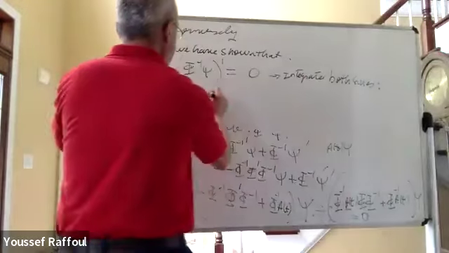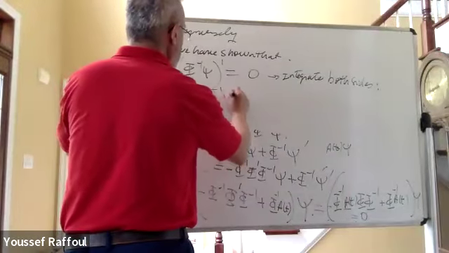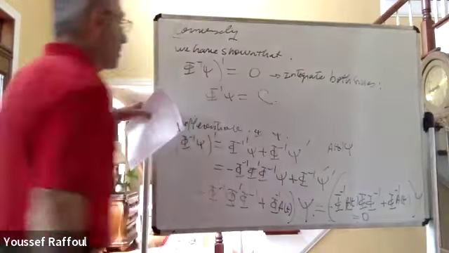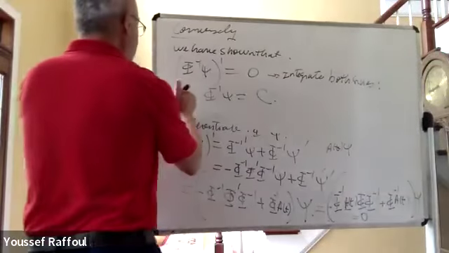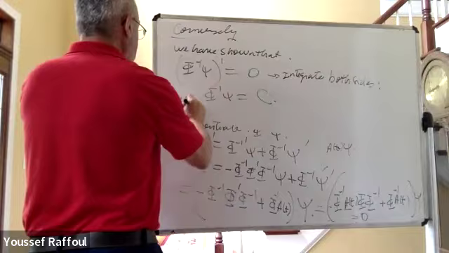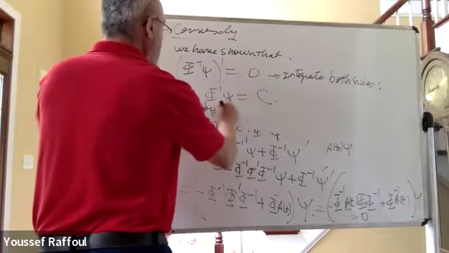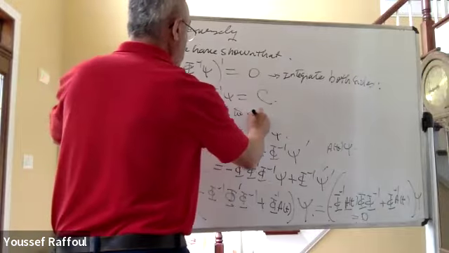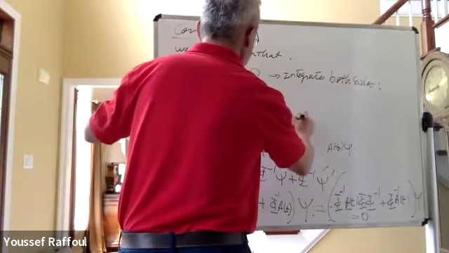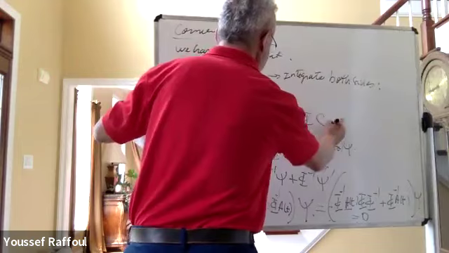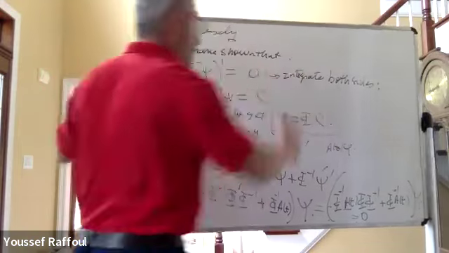Integrate both sides, you'll get phi inverse C equals a constant matrix, let's call it C. Multiply by phi to get C equal to phi C. And there you go, guys.